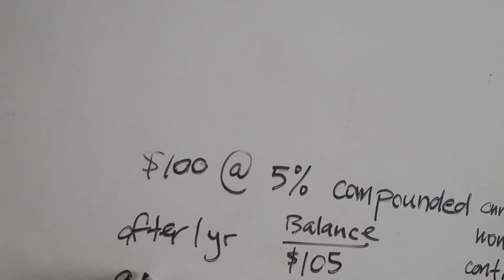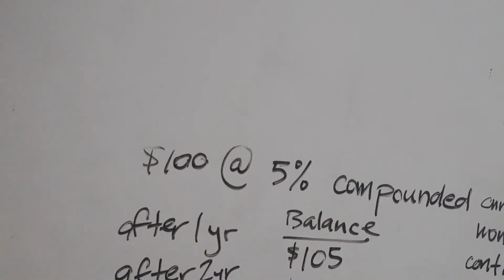Then after 2 years, instead of them just adding $5 to your account, they're going to add 5% interest on $105, which is going to be a little bit of a computation. So let's multiply. So we want to multiply 5%. Can you see that? No, you cannot.